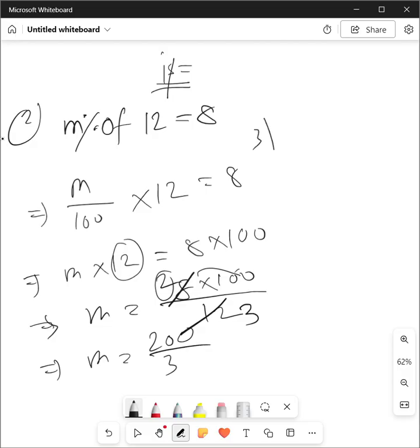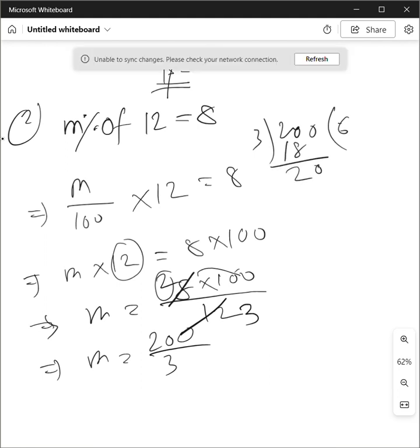We know that 3 goes into 20 six times. That means 18, it will give us 20, and it will again go. Okay, let's wait for a moment. I just need to check something with the pen.